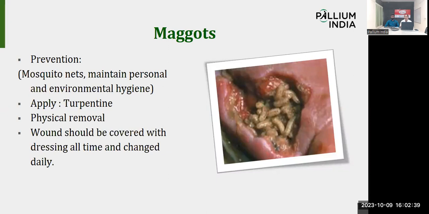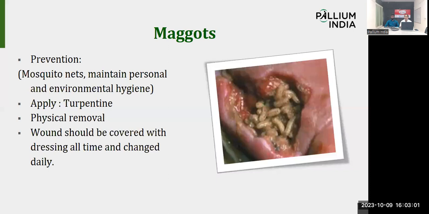If you chase them, the maggots will go deeper, and that can cause injury and the wound can bleed, right? So whenever you use turpentine, soak it and wait 15 to 20 minutes. Automatically the maggots residing inside the pockets will come out because of that strong smell, right?